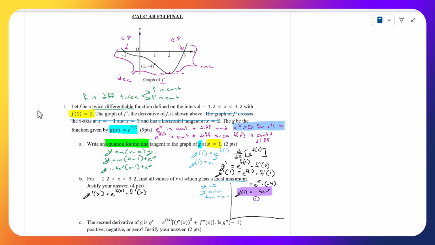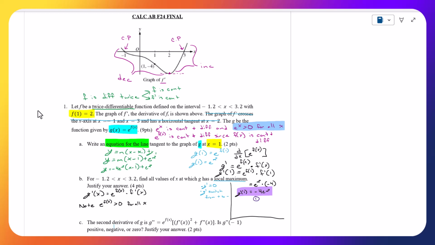Well, let's note that e to the f of x is greater than 0 for all x. This is why realizing that e to the x is greater than 0 is a very powerful thing. That means that e to the f of x will never equal 0.